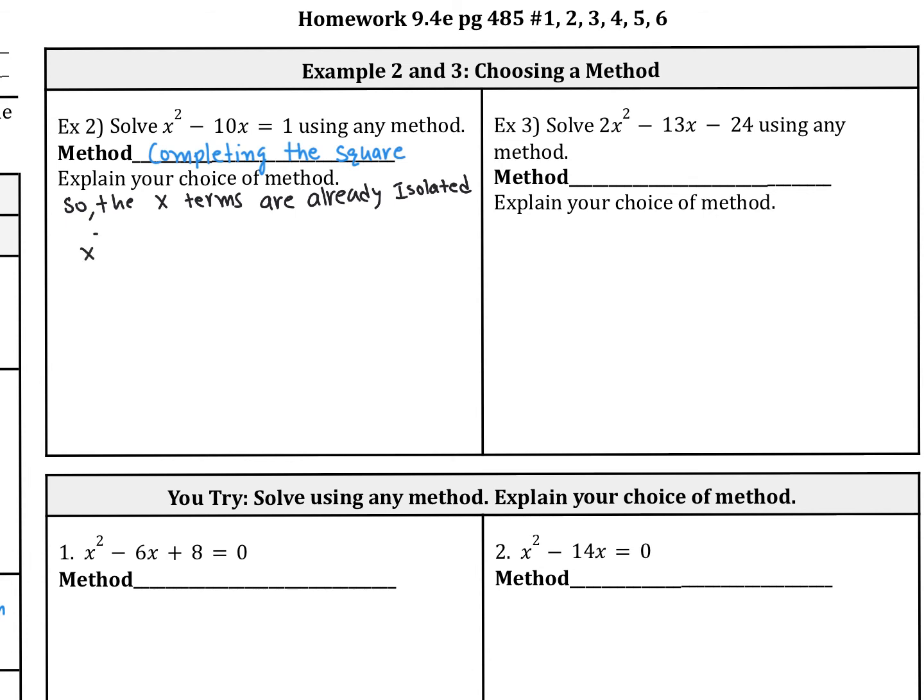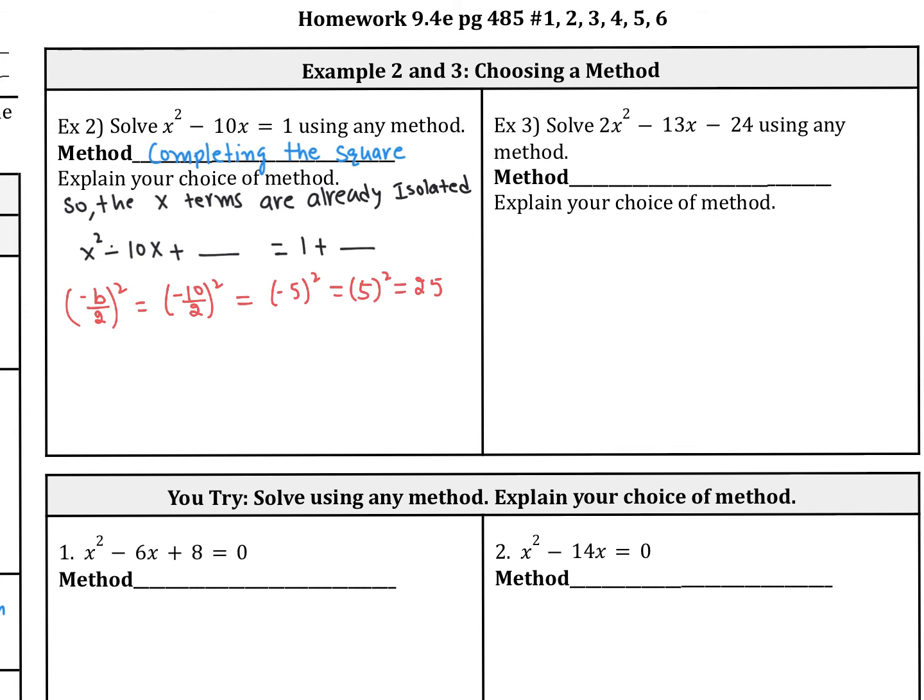You're going to rewrite this, and here you're going to add negative b over 2 squared, and that's going to be negative 10 over 2 squared, which is negative 5 squared, or in other words 5 squared, and that's going to be 25, that you're going to add on both sides.